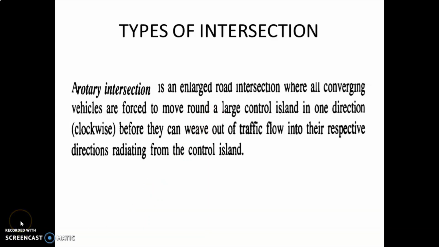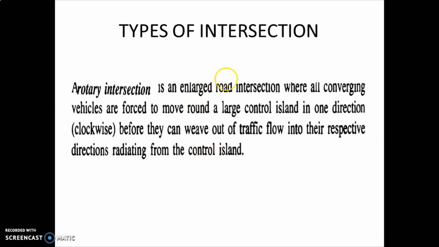Now rotary intersection. A rotary intersection is an enlarged road intersection where all converging vehicles are forced to move round a large control island in one direction, that is clockwise, before they can weave out of the traffic flow into their respective directions radiating from the control island.